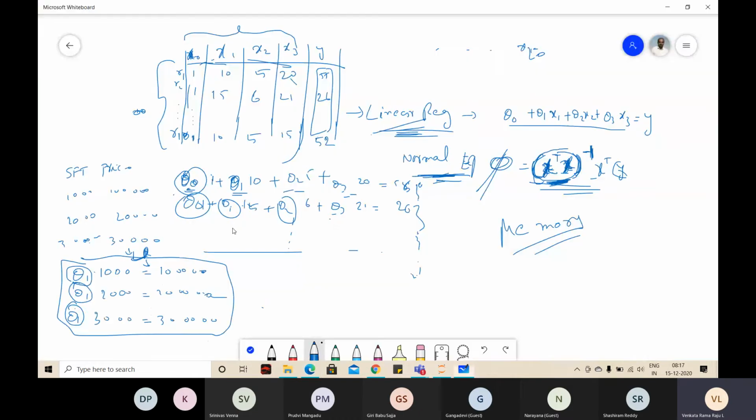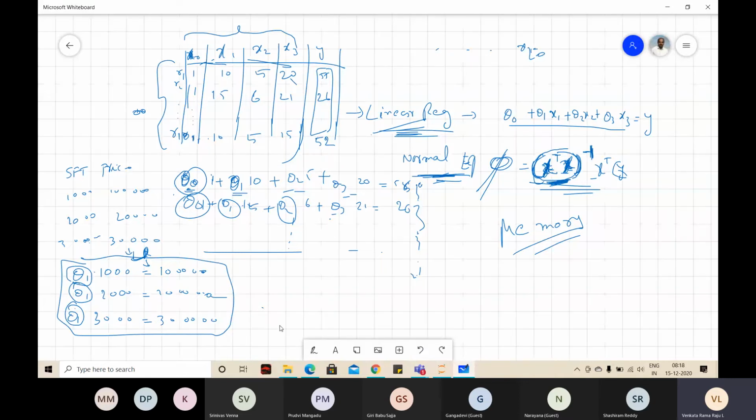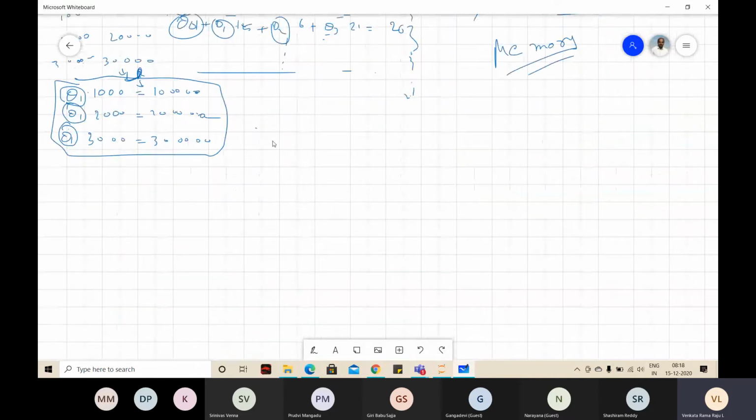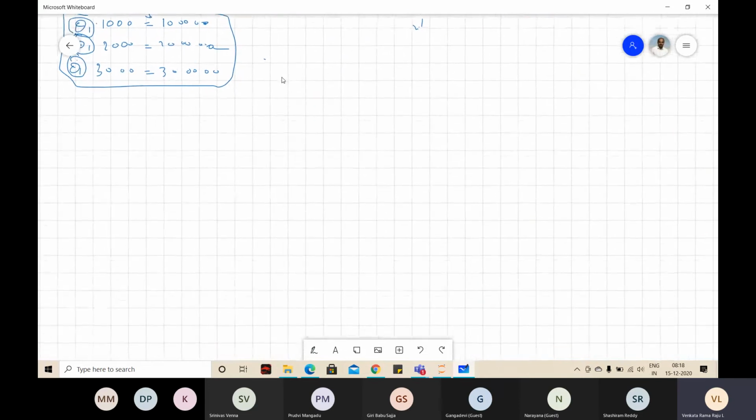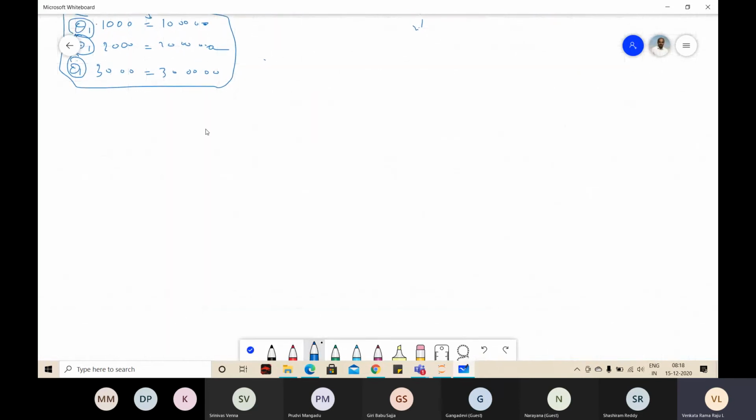Let me try to move this upward. So if you have a data set like this, maybe exit polls data, where whether the person is going to vote or not is the prediction.